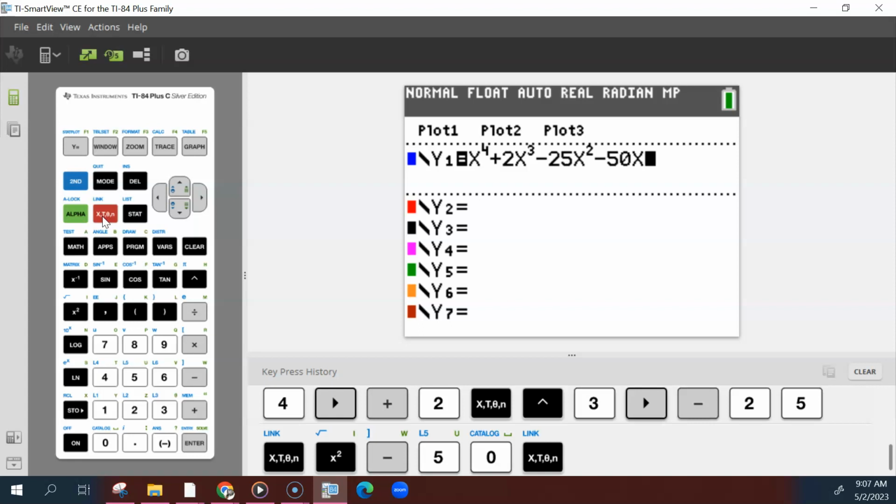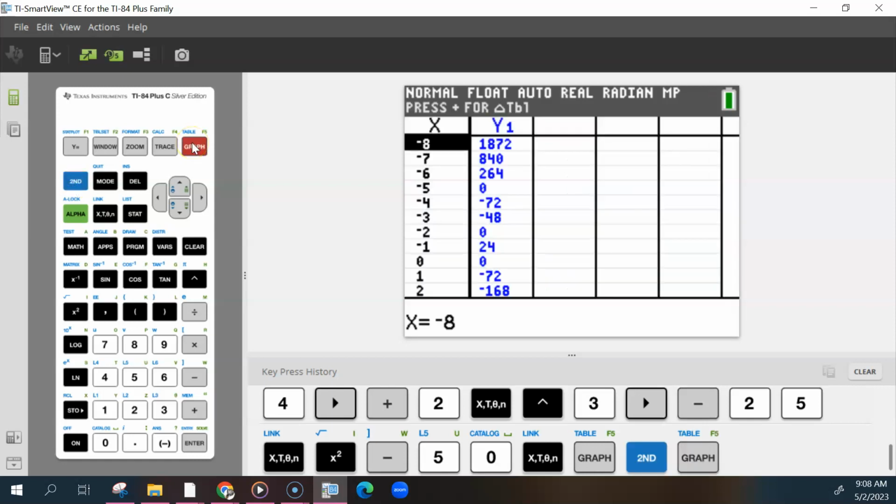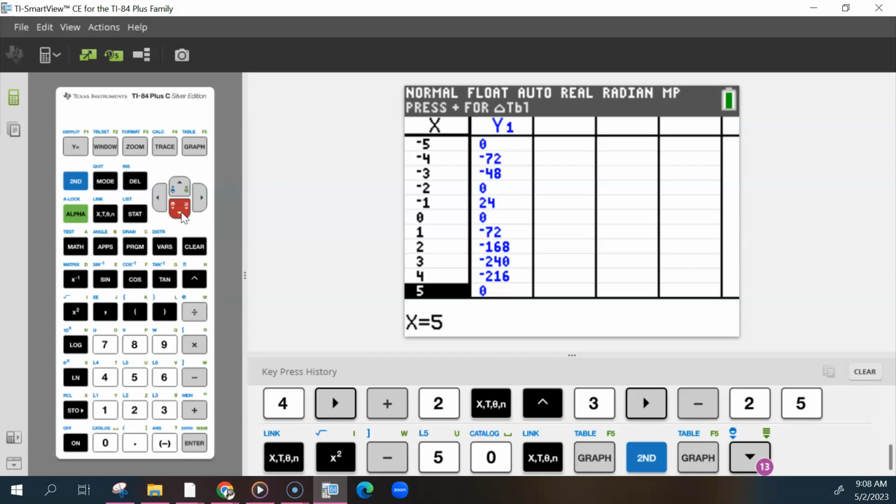Then same thing, graph it. So it looks like there's 4 x-intercepts at 5, 0, -2, and -5. I'm going to go to my table to confirm. -5, -2, 0, and 5. And because it's 0, 0, that's also your y-intercept.